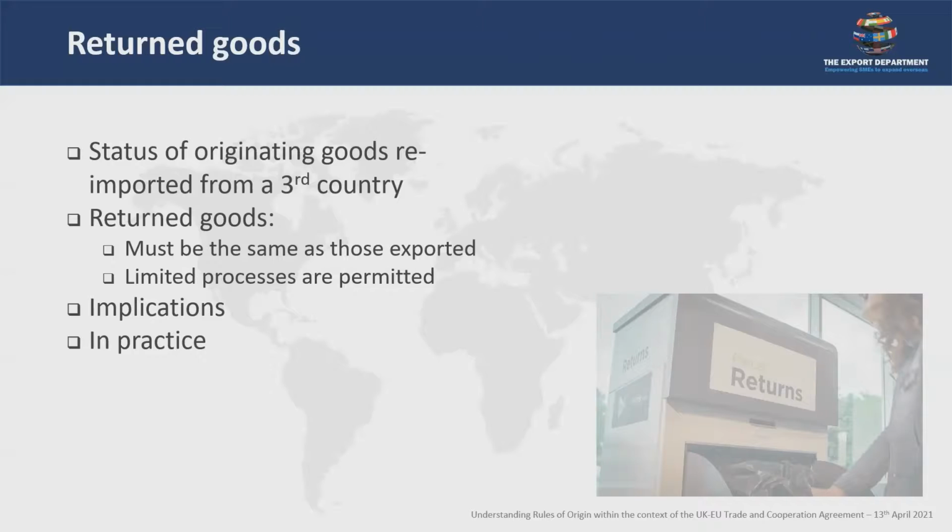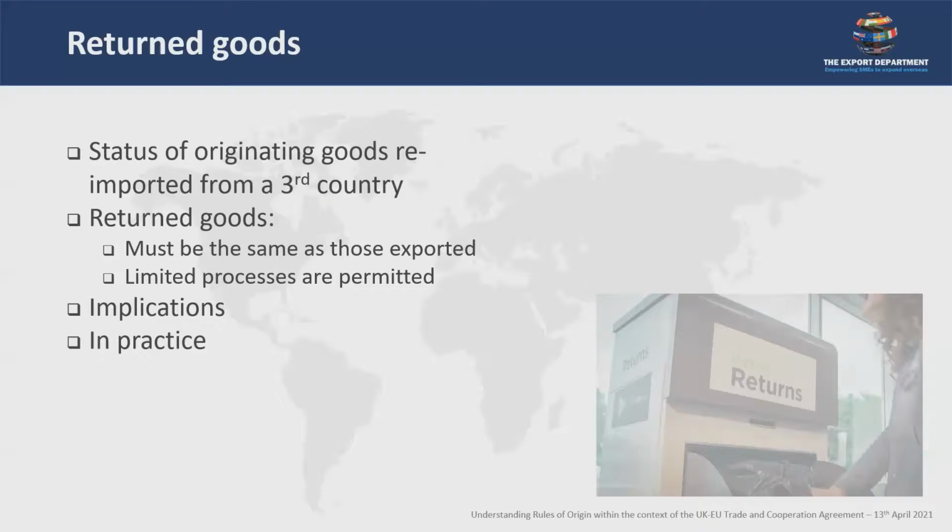So we have to prove that the goods are the same as those exported and that they haven't undergone any processes other than basic preservation in that third country during export. So it's possible to obtain duty and VAT relief on those goods when they're re-imported into the UK, provided that they were in free circulation in the UK when they were exported, unless they were exported from a customs procedure like inward processing or something, that they haven't been exported to be repaired or processed, anything like that, and that they've been re-imported within 3 years of their export.